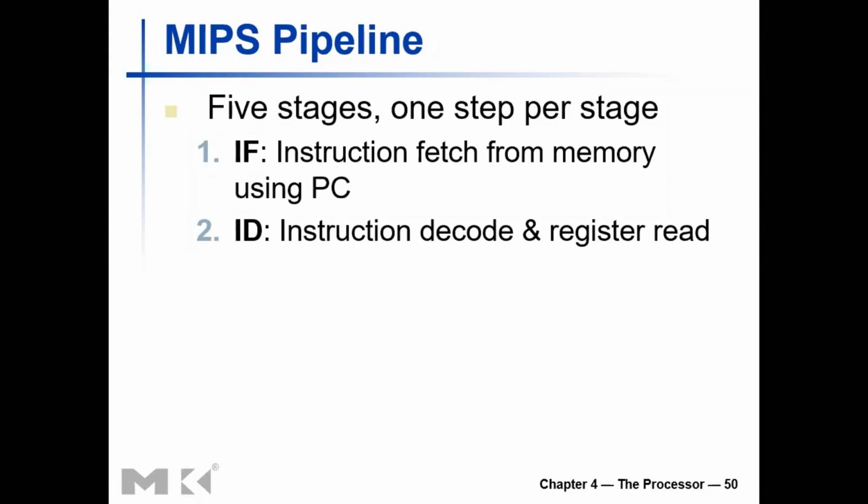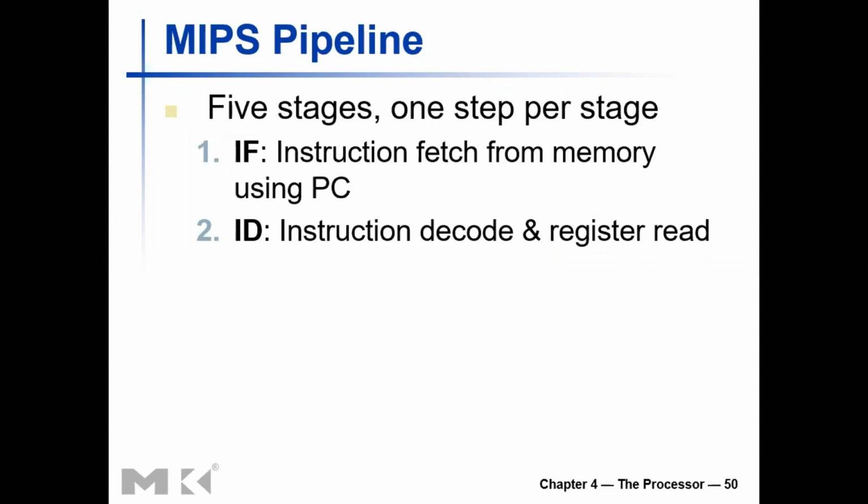So decoding, what do we do in decoding? We look at the opcode and decide what category of instruction this is, and based on that we decide what are the remaining bits in our instructions, how they are organized. And once we know that, we can go and read the register file.